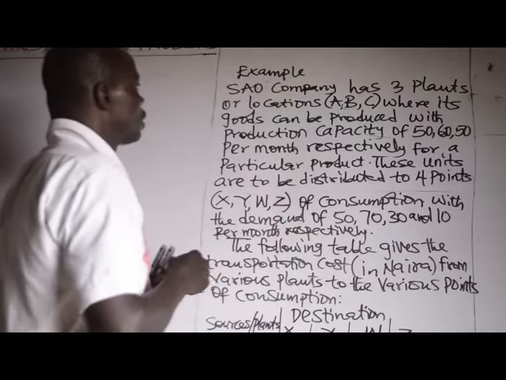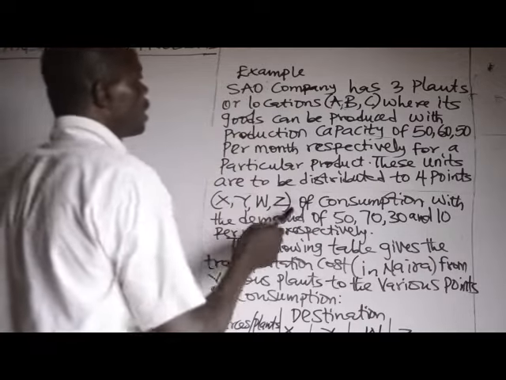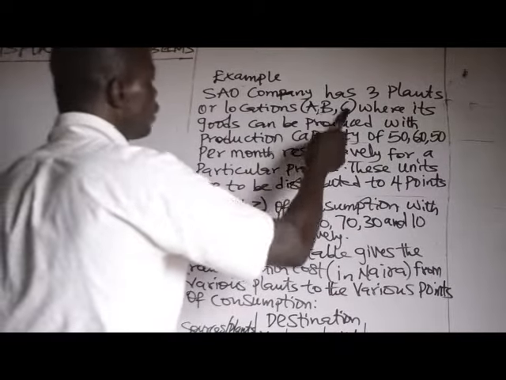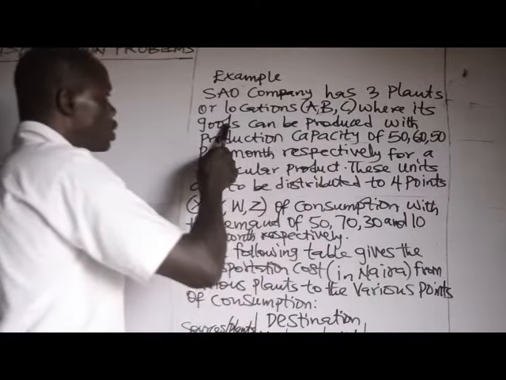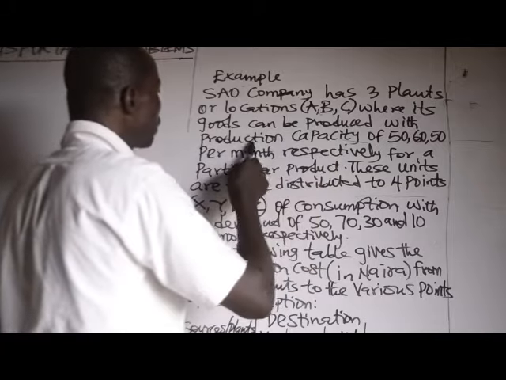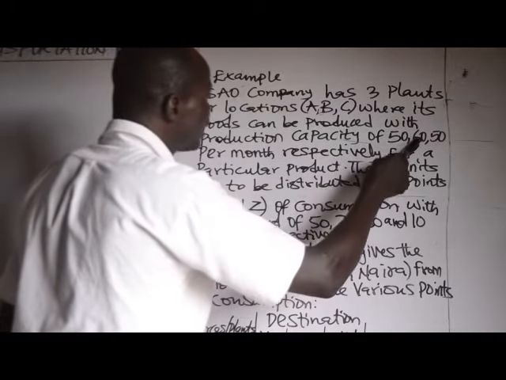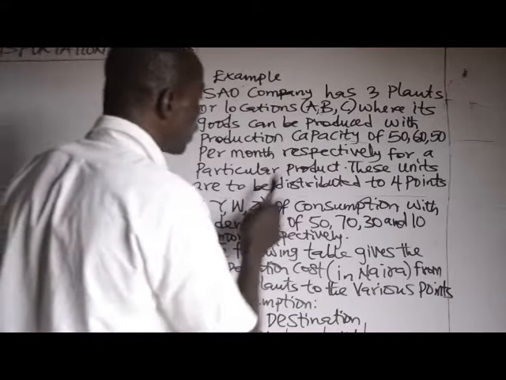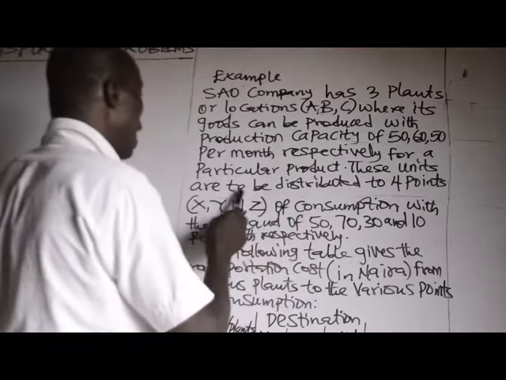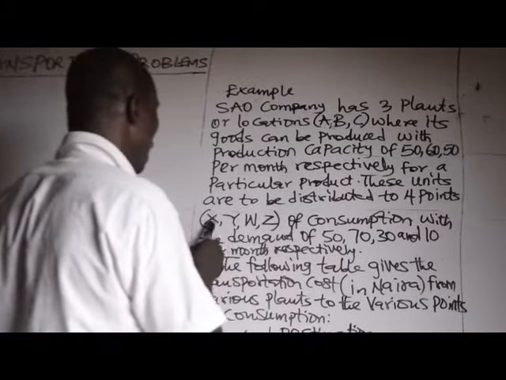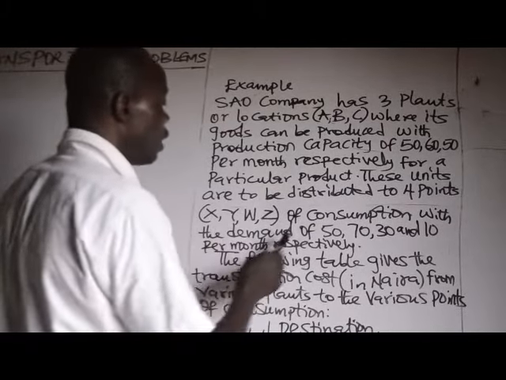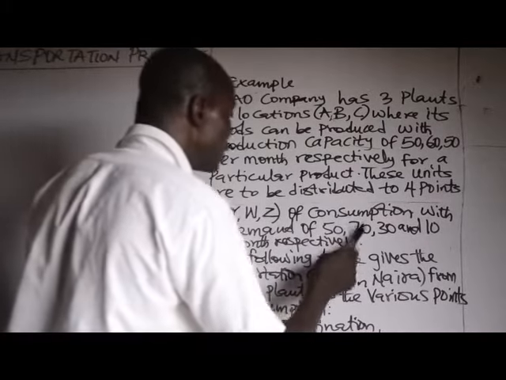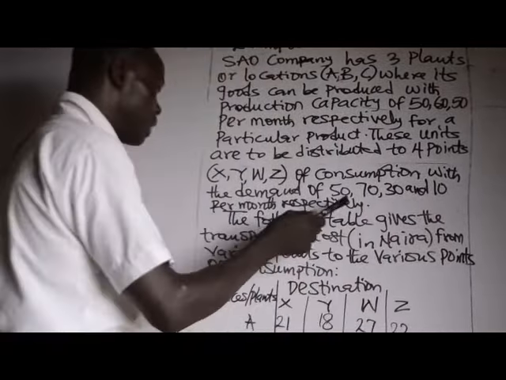Example: SAO company has 3 plants or locations A, B, C, where its goods can be produced with production capacity of 50, 60 and 50 per month respectively for a particular product. These units are to be distributed to 4 points of consumption X, Y, W, Z with the demand of 50, 70, 30 and 10 per month respectively.